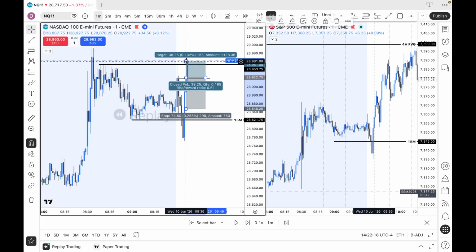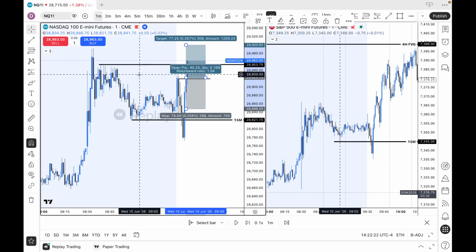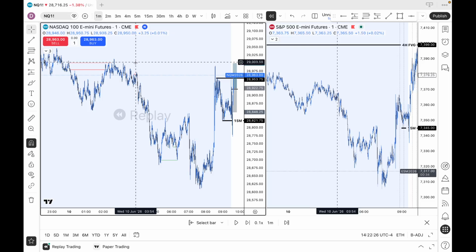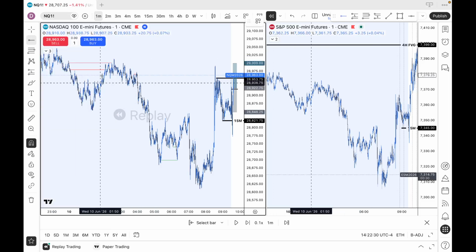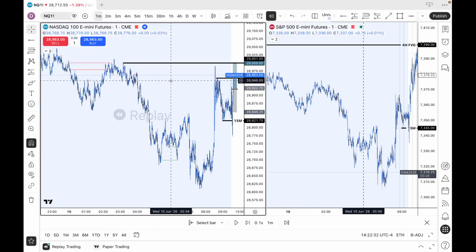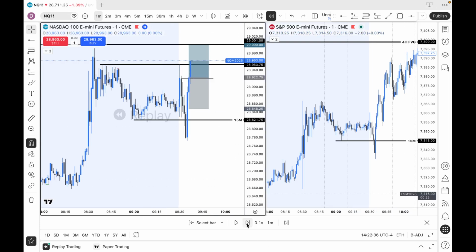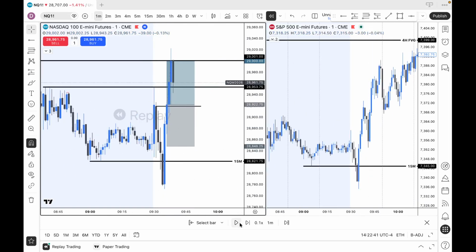And then I put my longs here at London high. One of these was London high. Bang. Something like that. Price ended up taking out London high, going a little lower.